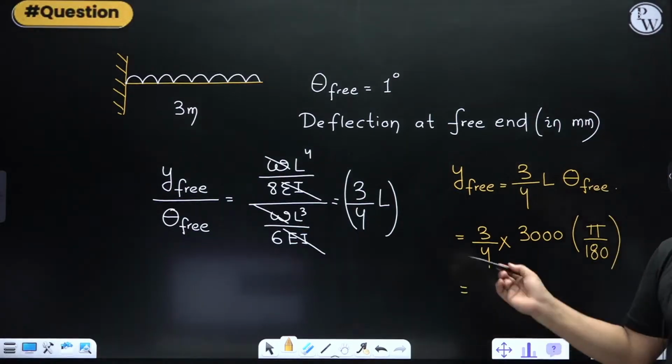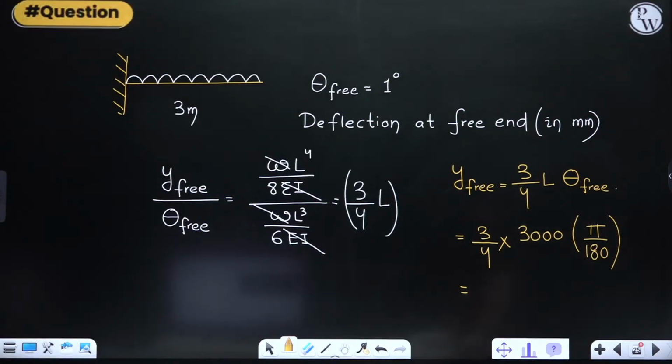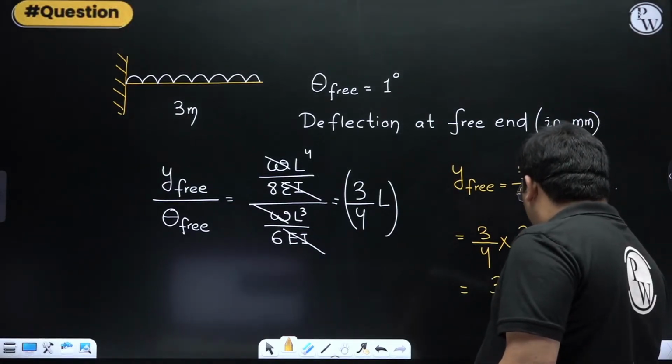You can see this type of question is asked, and it will be a 2 mark question. But you can answer it within 1 minute if you know the things. So 3 into 3000 divided by 4 into pi divided by 180 gives 39.27.